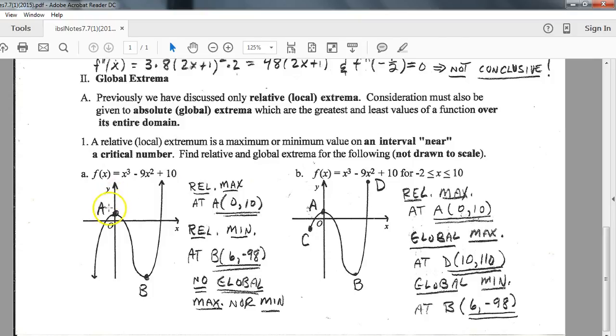So that's why we would refer to this as a local max, because it is the maximum point, but only within one area of the graph, right? Whereas for a global max, we would have to say it is either infinity, or you could say, well, I can't really identify a global max because this graph goes on forever. Same thing with point B right here.